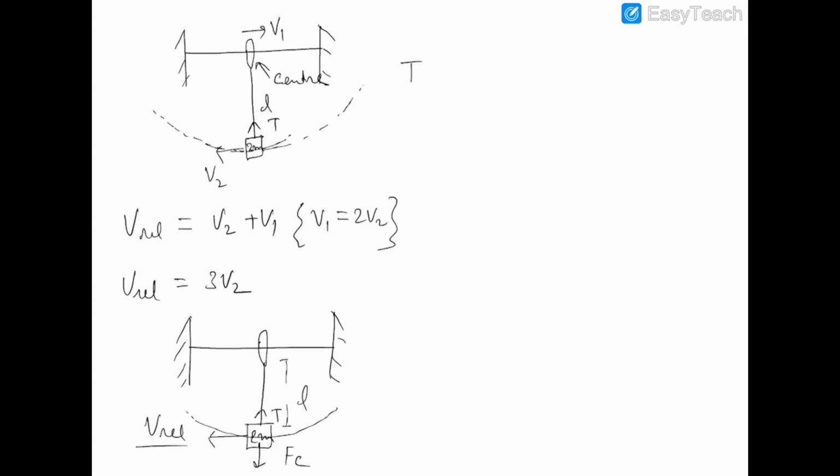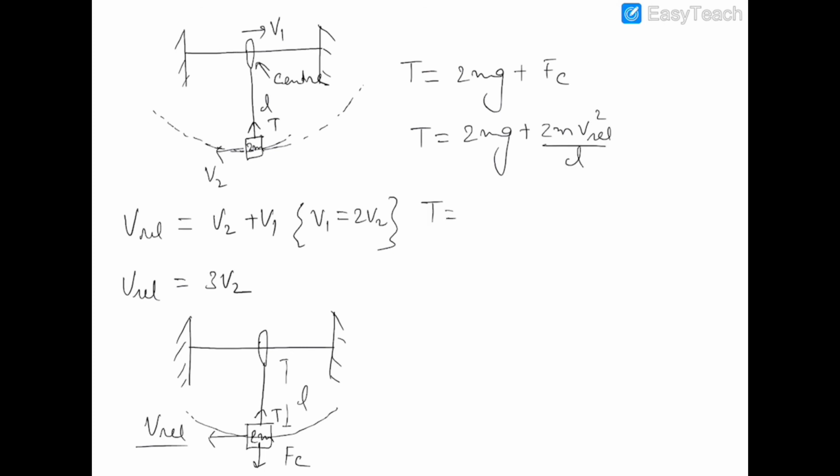So this tension would be balancing 2mg as well as this centrifugal force, and therefore this tension would be equal to 2mg plus 2m v relative whole square by L.